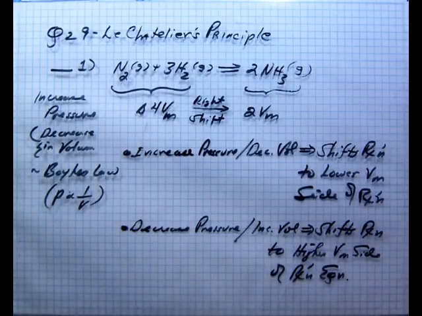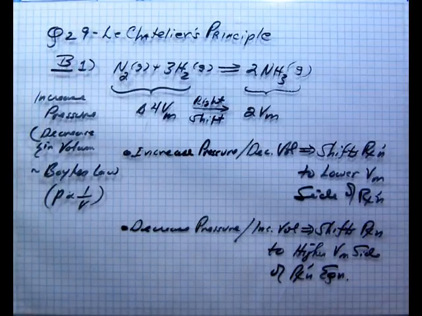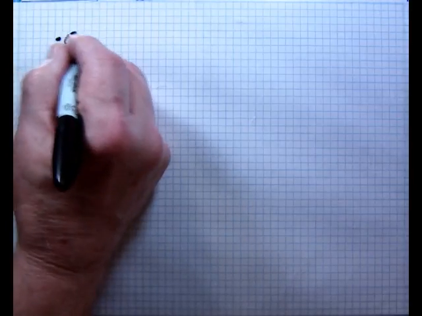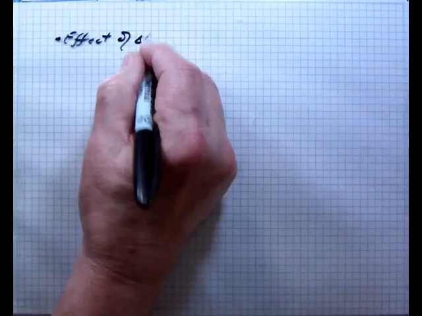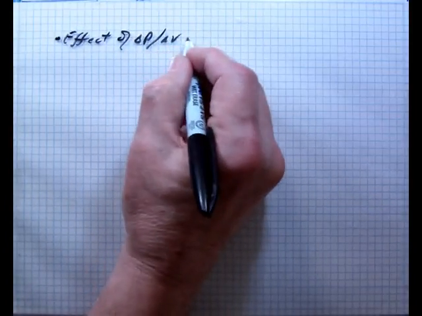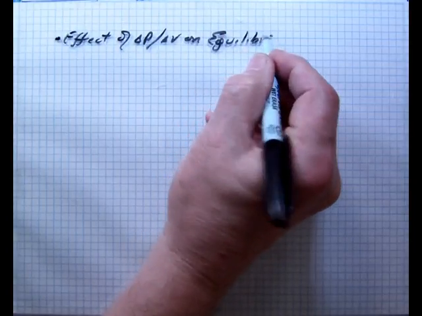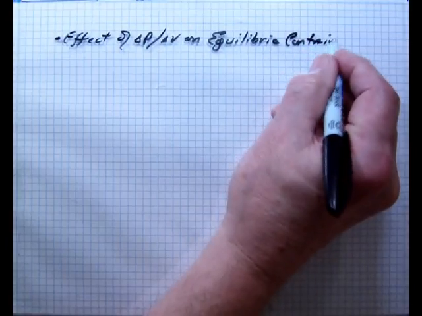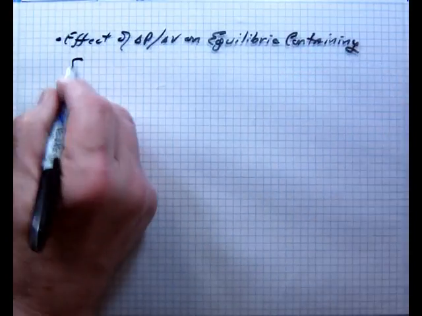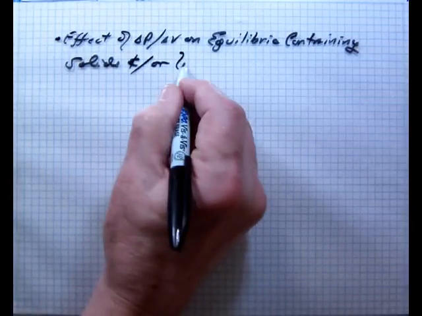Let's do it this way. Effects of change in pressure and change in volume on equilibrium containing solids or liquids.